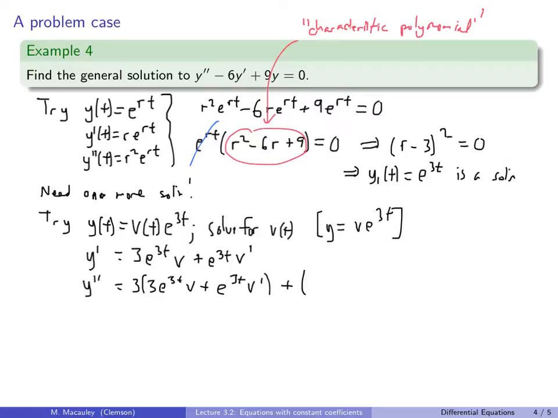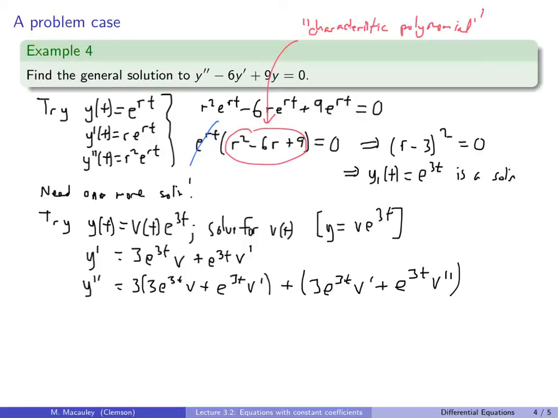So plus 3e to the 3t times v prime plus e to the 3t times v double prime. And again, that's just the product rule.